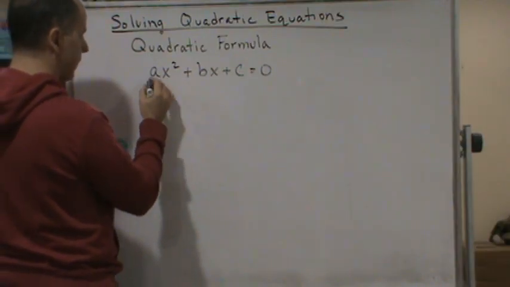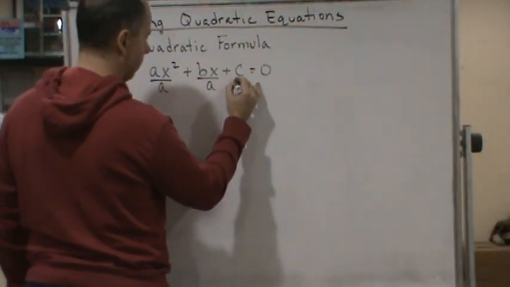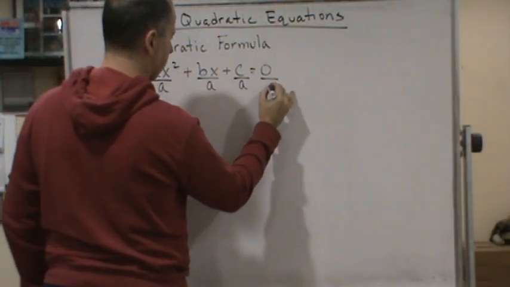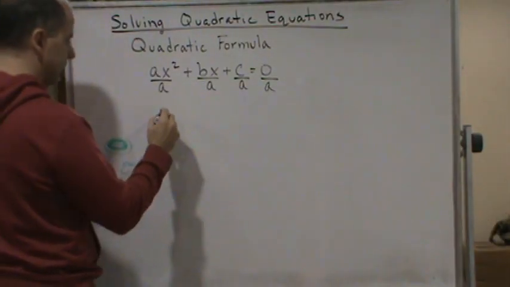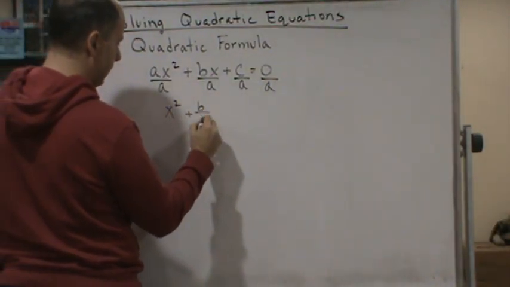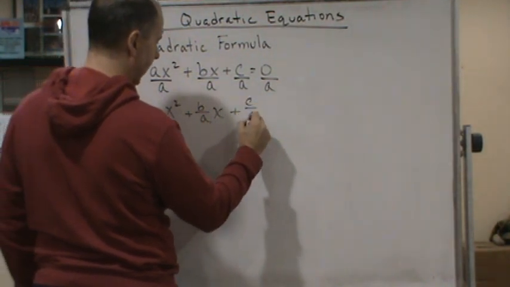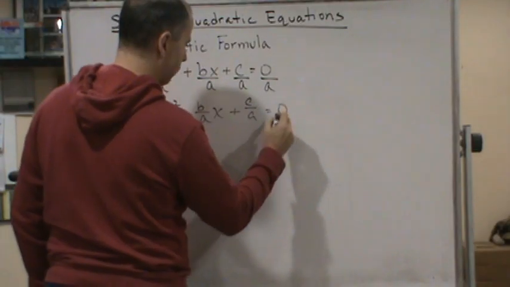So if I divide everything by a, I get x squared plus b over a x plus c over a equals 0.